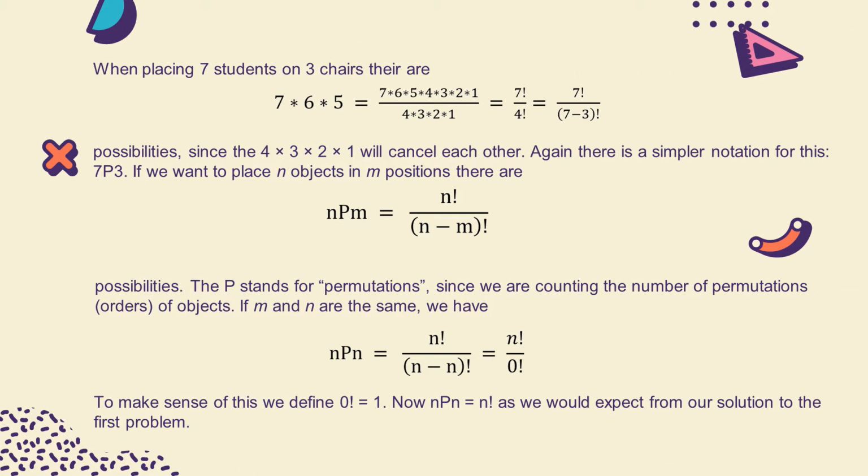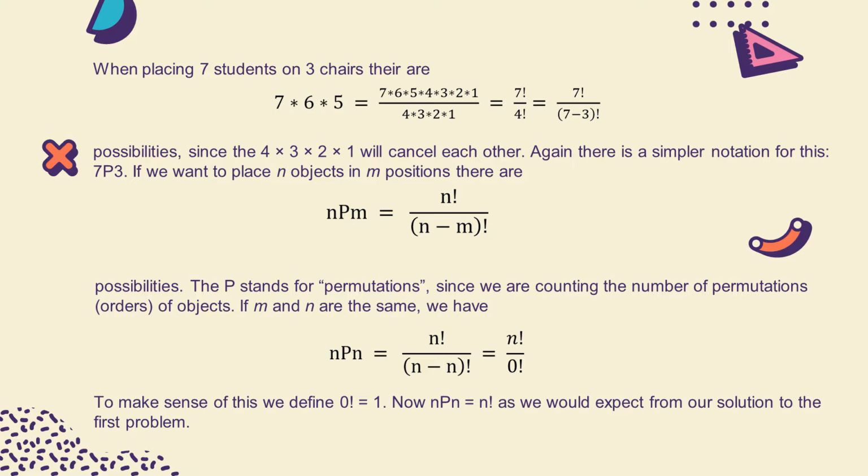While putting 7 students on 3 seats, there are 7 into 6 into 5 possible outcomes. Since the 4 into 3 into 2 into 1 will cancel one another out, there is a simpler notation for this: 7P3. If we need to put n objects in m positions, there are nPm equals n factorial upon n minus m factorial possibilities.